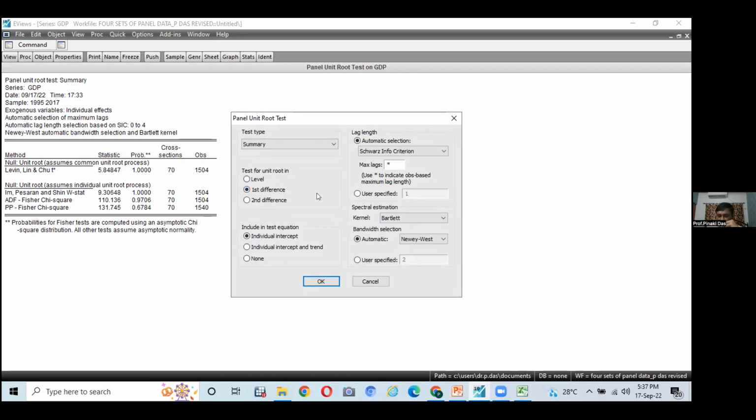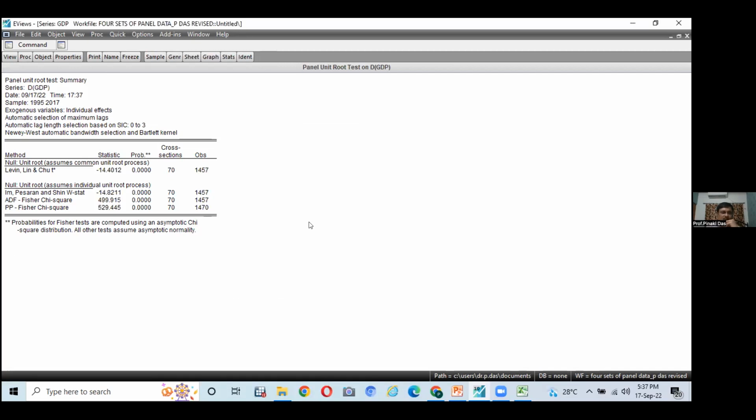Previously, it was at level. Now I consider first difference. All other things are as before: individual intercept, automatic lag selection, etc. Then okay. This is the result of the panel unit root test.